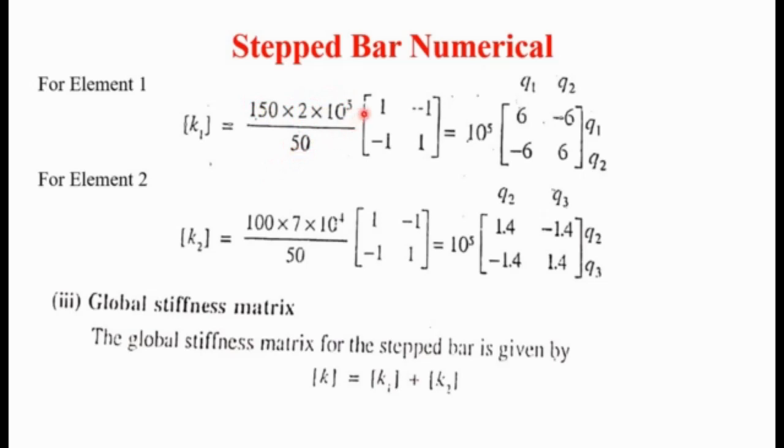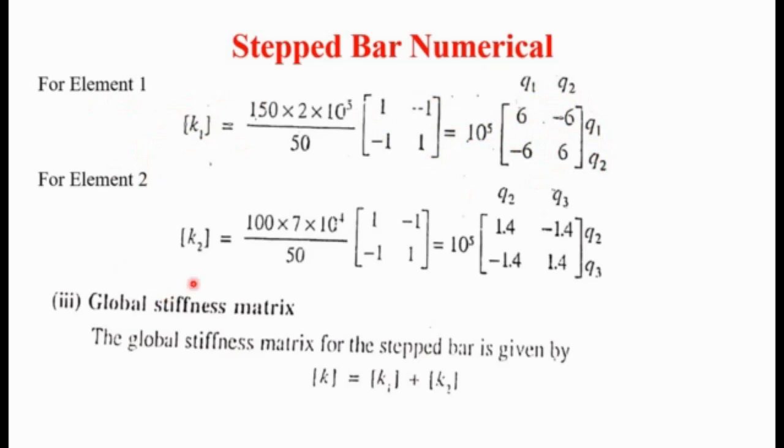Simplifying, we get 10 raised to 5 into [6 -6; -6 6], with Q1 and Q2 as the degrees of freedom. This is the elemental matrix for the first element.